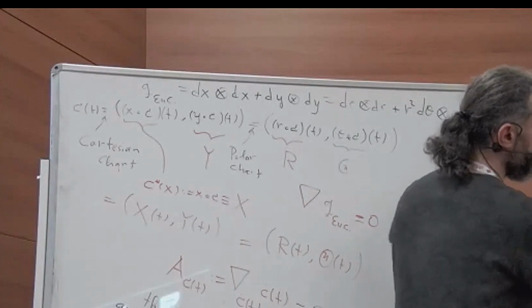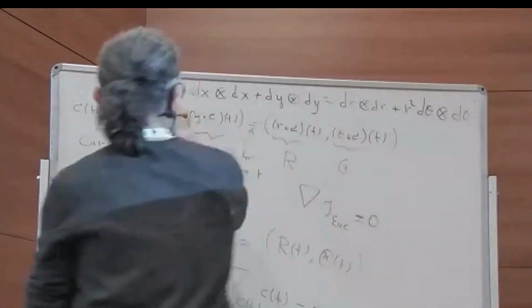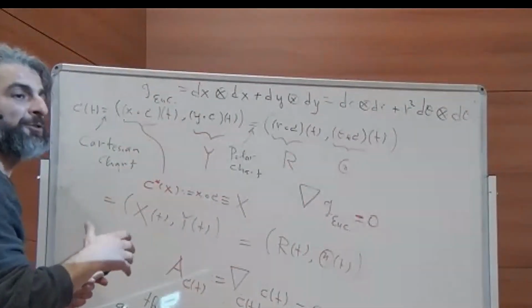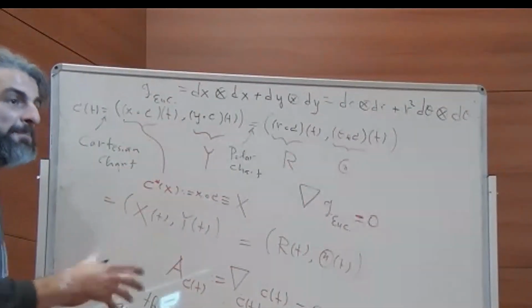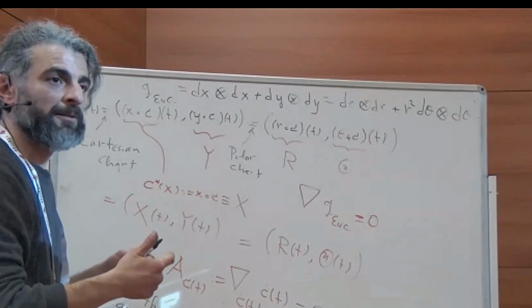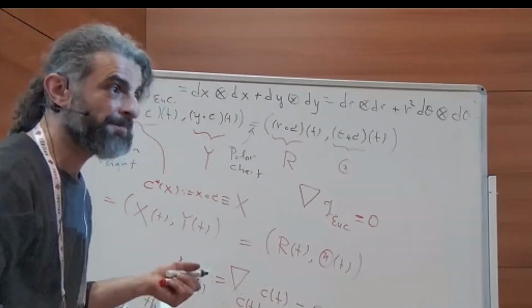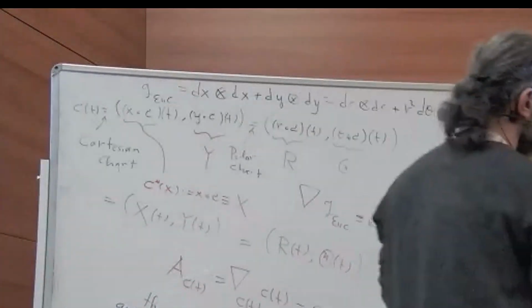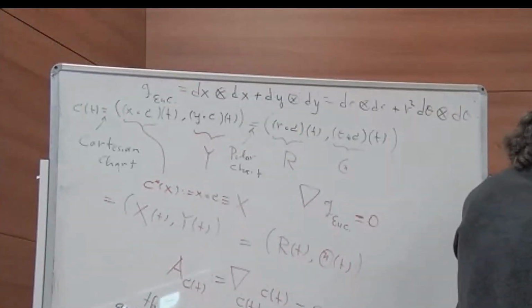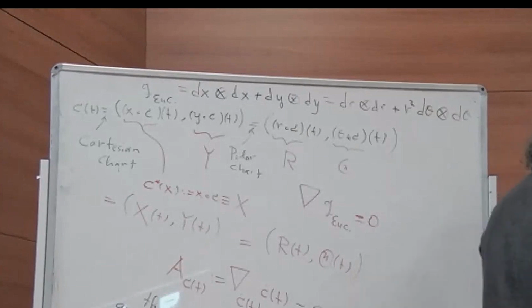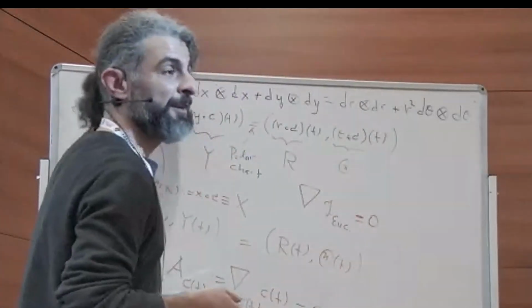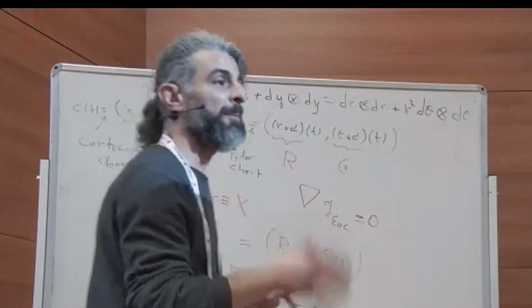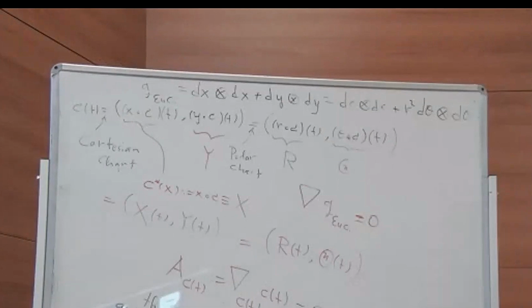But if you have a metric on that structure, then you can make measurements with ideal rods and clocks. Okay? If you don't have a metric, you can't talk about the length or angles of vectors or vector fields.